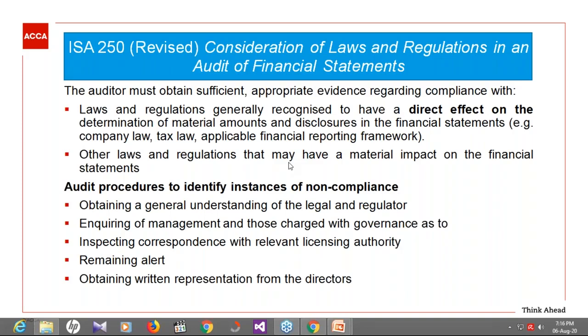There are two types of laws and regulations: direct laws, which relate to the assertions of the financial statements, showing how the assets will be stated, how they will be calculated, and how the valuations of the assets will be done. And there are some indirect laws, for example, Employment Law, Data Protection Act, environmental laws, anti-monopoly laws. These do not have a direct impact on the preparation of financial statements.